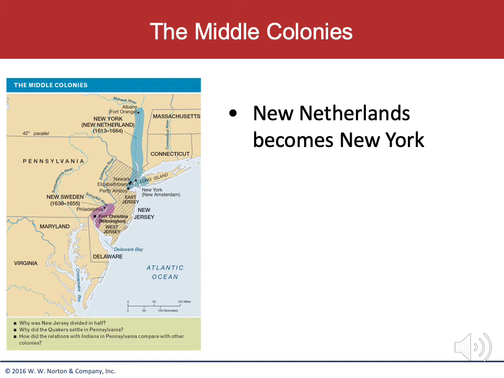So the colony of Delaware was essentially New Sweden for a long time. Now what happens is the Dutch leader Stuyvesant is going to lead a group down from New Netherlands and conquer New Sweden and incorporate it in there.